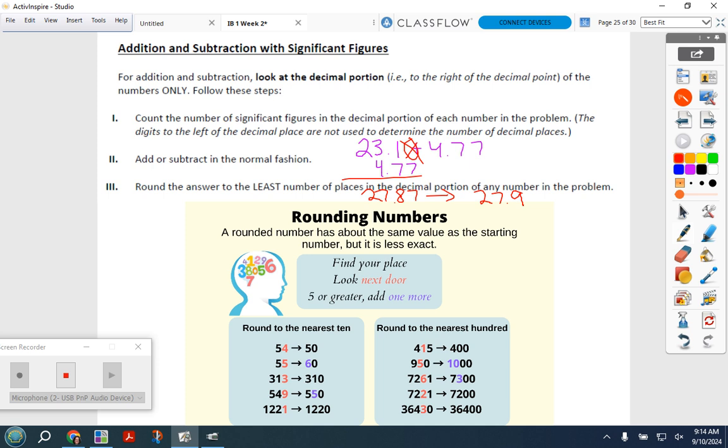If not, just drop everything off. So 54 goes to 50, 55 goes to 60, and so on. I know most of you have been doing this forever, but some folks never picked this up in earlier math classes and need a reminder. Any questions on this?